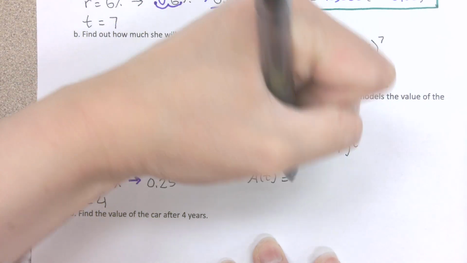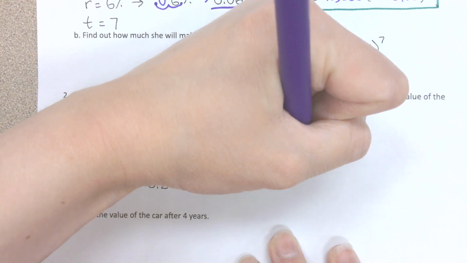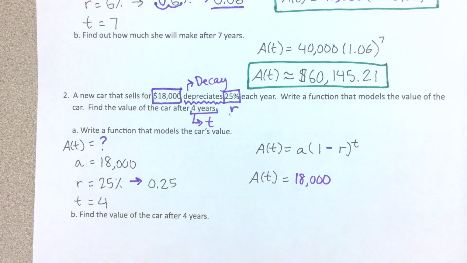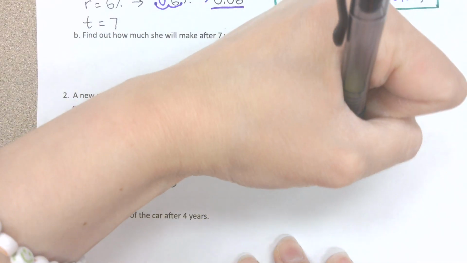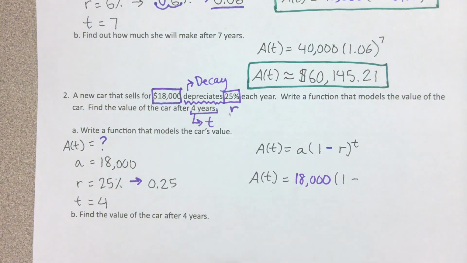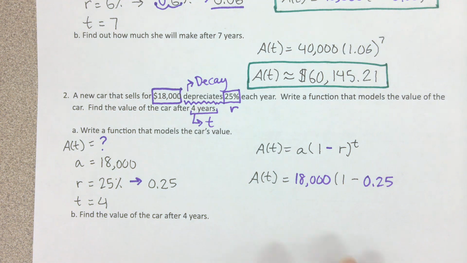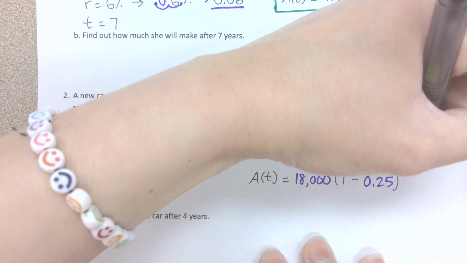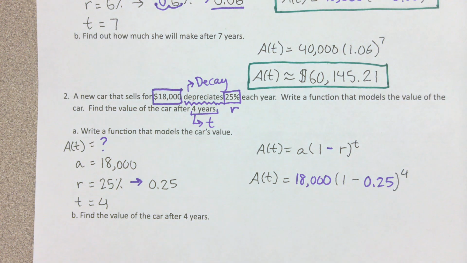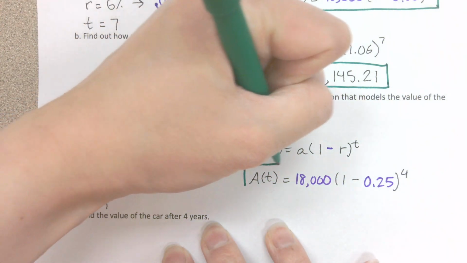A of t equals, little a is 18,000, times 1 minus r, which is 0.25, to the 4th power. So this answers part A. Write the function.